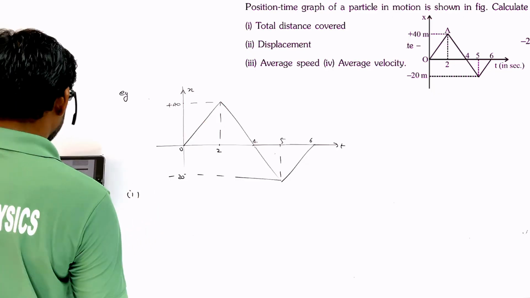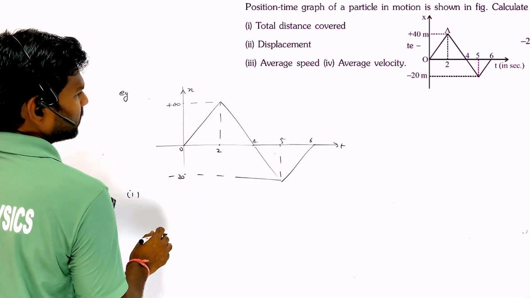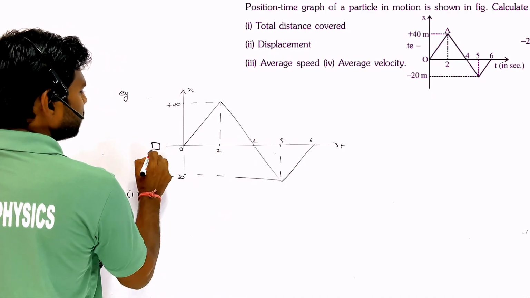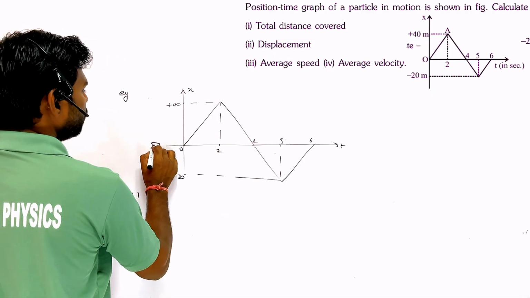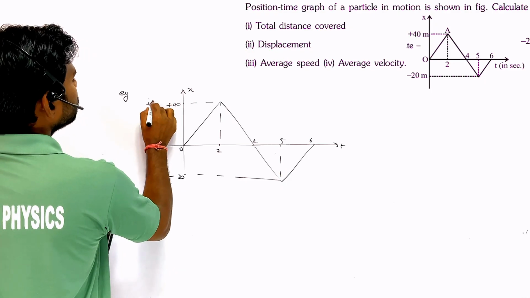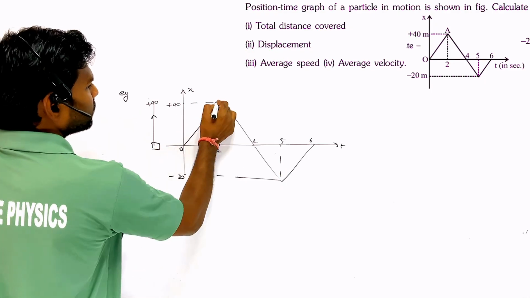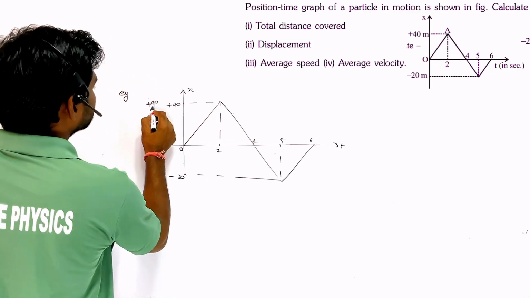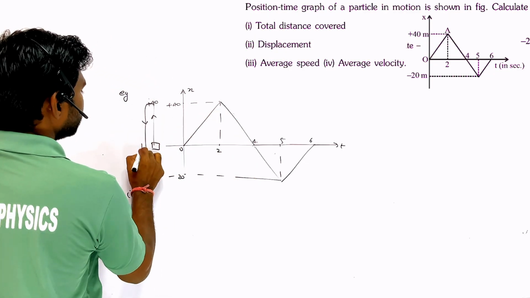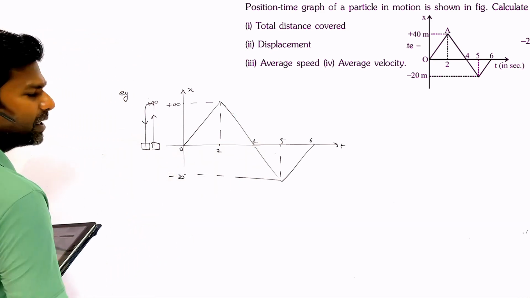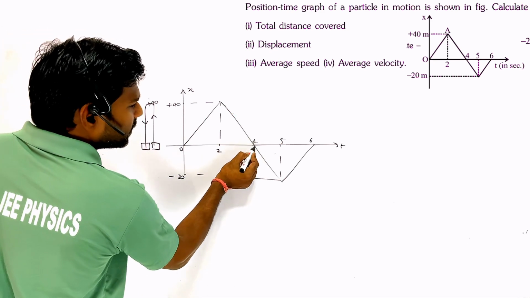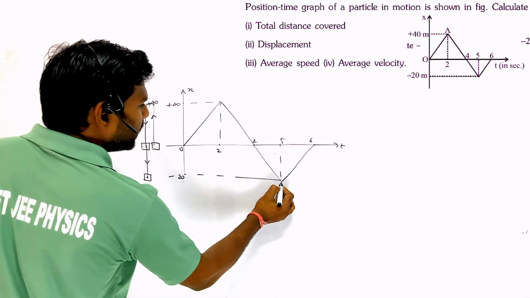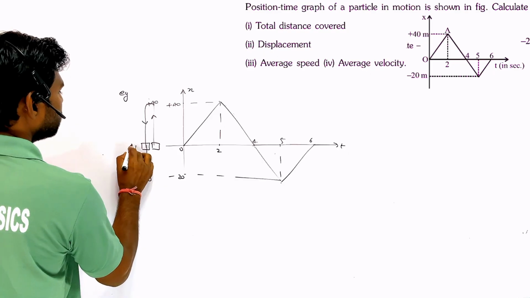First part, the total distance. Listen one thing. How would you find the total distance? There is a particle initially at x equal to 0, then it moved to 40 meter, reached this point. Then it comes back to its 0 position over here. Then it becomes minus 20 over here, then it reached the original position once again.